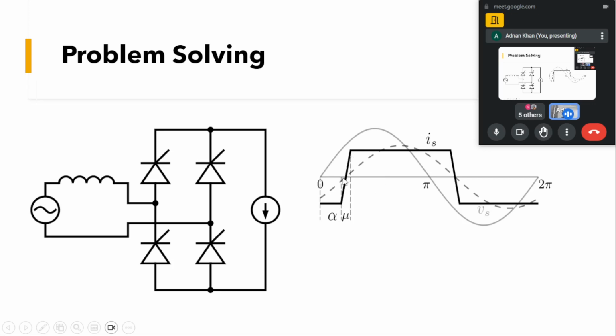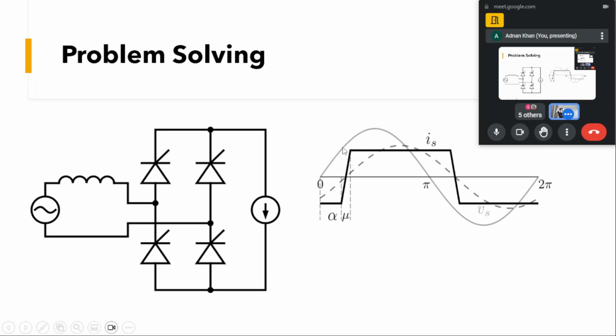We had already discussed in the three phase case that, had this been a straight edge, we would not have had this overlap interval. So the difference between the fundamental of the current and the voltage would be equal to alpha.